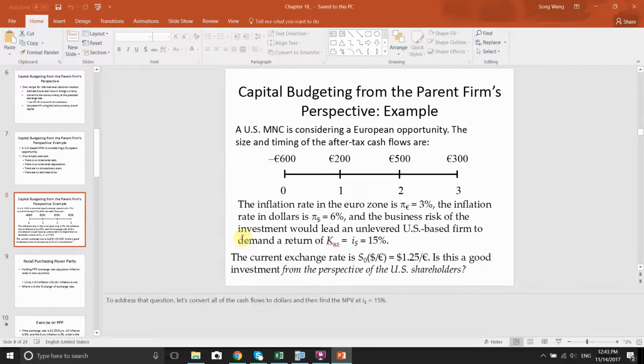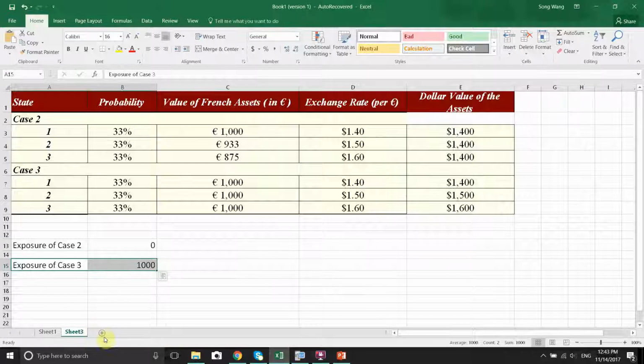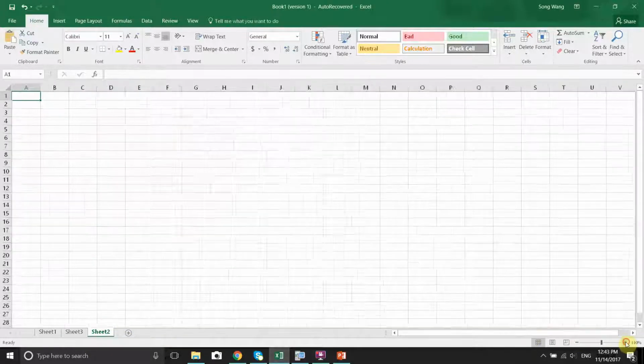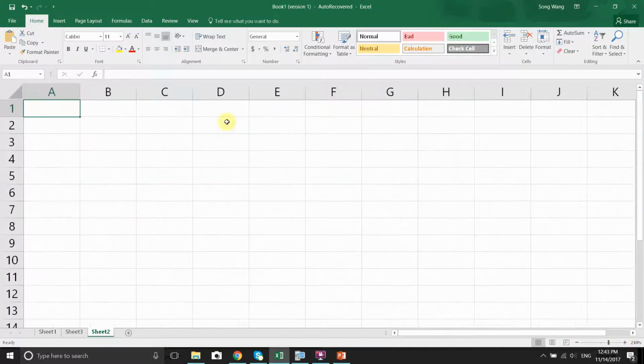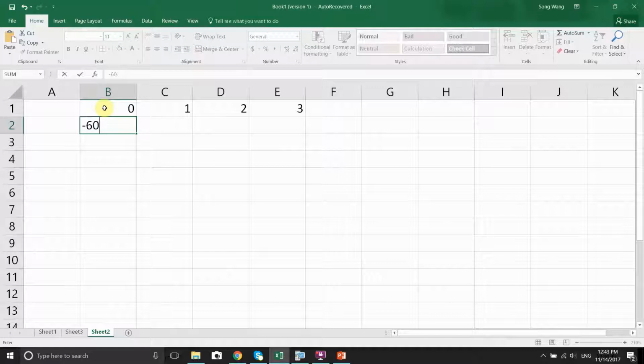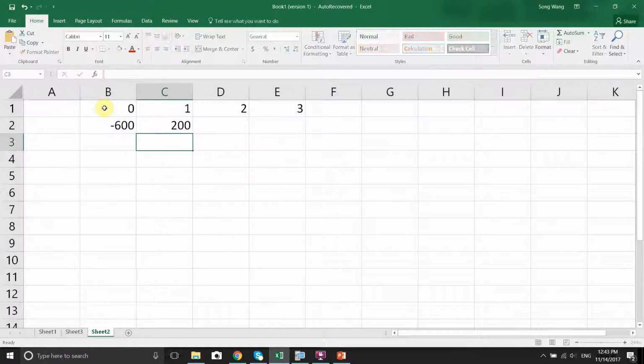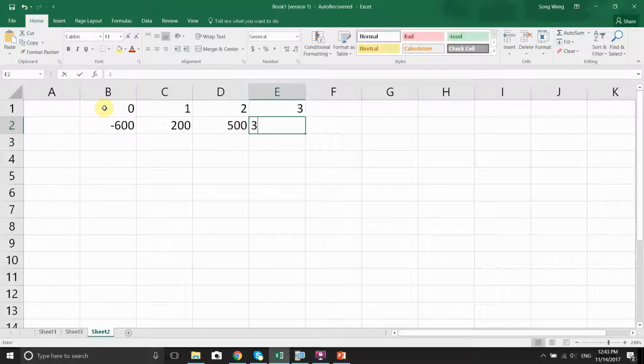Okay, so here, let me show you how to do it in Excel. This is supposed to be easy. Year 0, year 1, year 2, year 3, and you have negative 600, 200, 500, and 300. And these are all in euros.